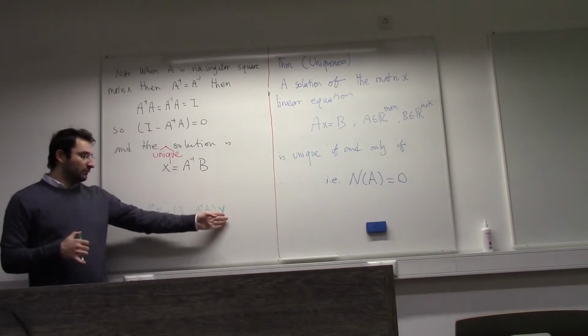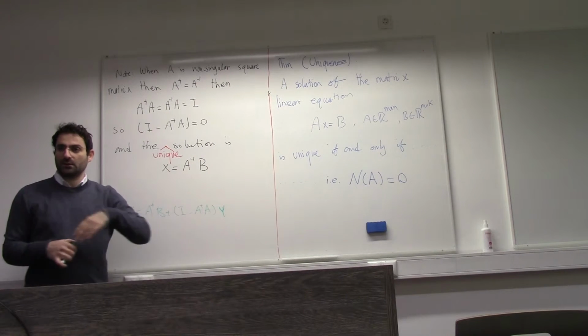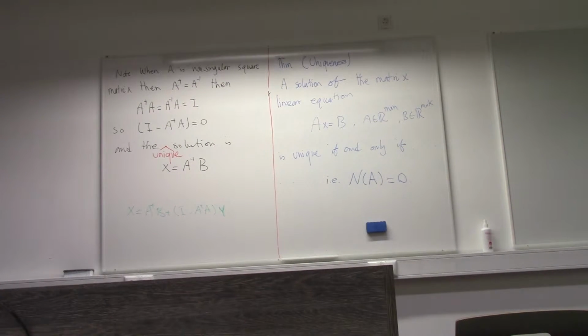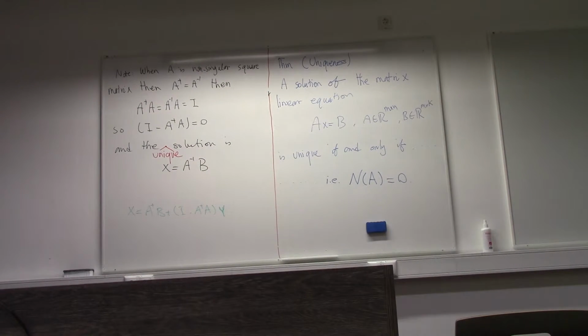Now, one solution is y to be 0, which is out of question because y can be anything. So how can I have the arbitrary part to be 0? Hassan, how can I have this arbitrary part 0?